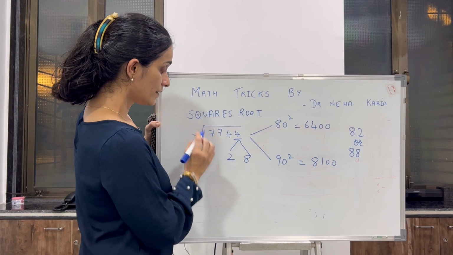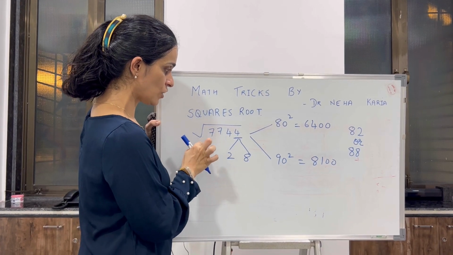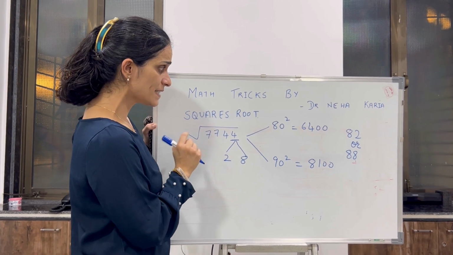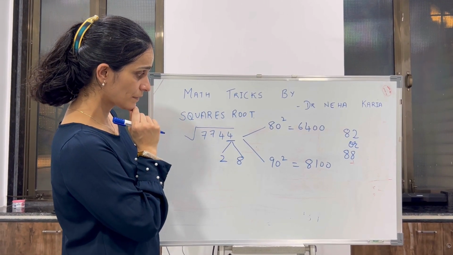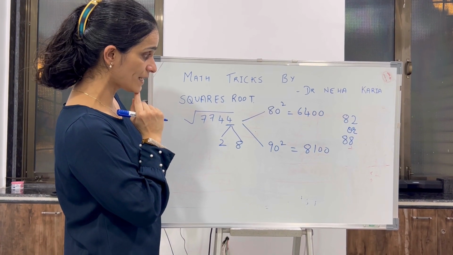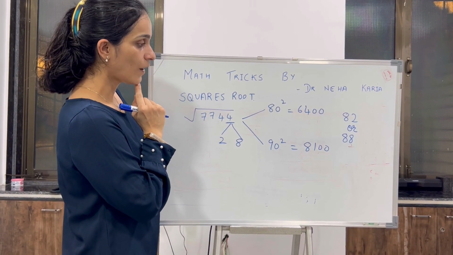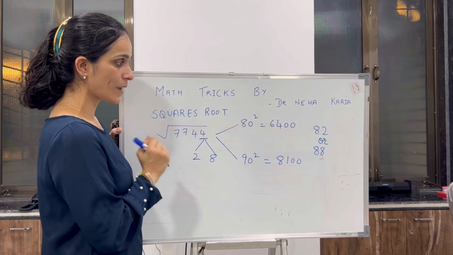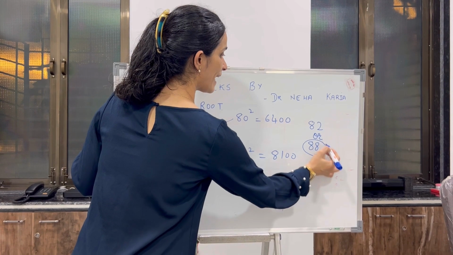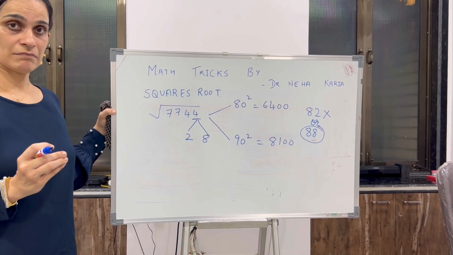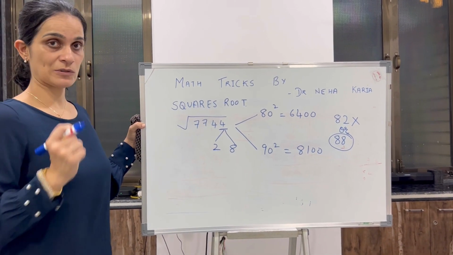Then go back to the original number 7744. 7744 is closer to which number, 6400 or 8100? Obviously 8100. So 7744 is the square of which number? 88 and not 82. So with prediction, you can find out the square roots.